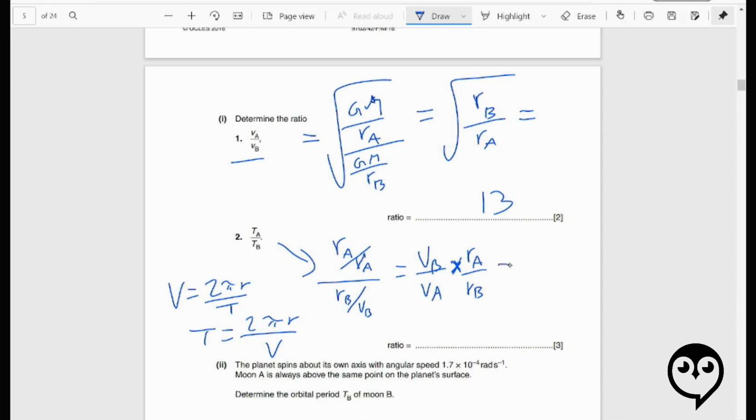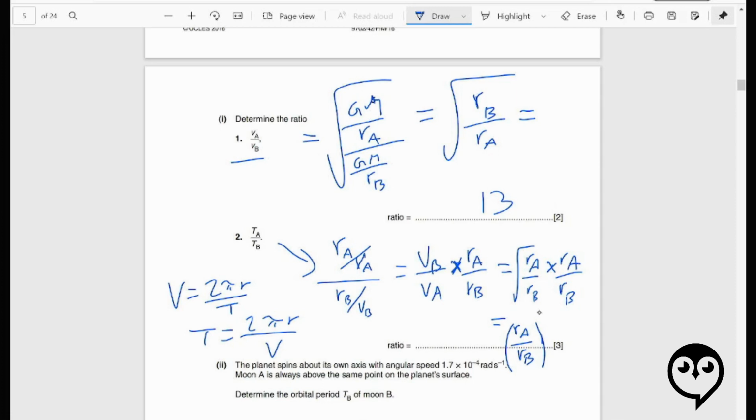If I wanted to, yeah, we could say that this VB over VA is the root of RA over RB times RA over RB. Now hold on a minute. Doesn't that actually give us RA over RB to the power of 1.5?